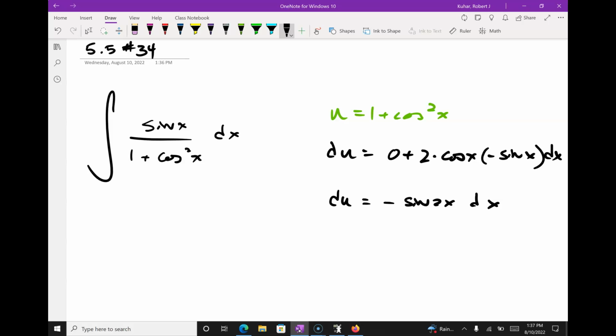And look at what I have. Do I have sine 2x? Can I get a 2 inside of the sine function? No, you cannot. Sine x and sine 2x are different, they can't be equalized.